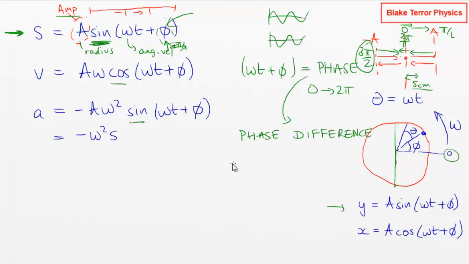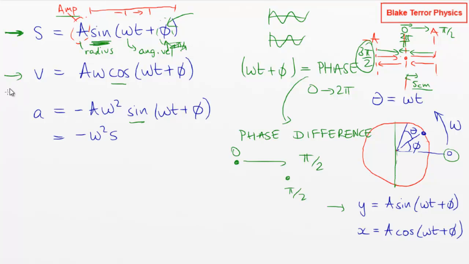So if one of them is just starting while the other one has already reached the first amplitude, we've got a phase difference of pi by 2, because this one's at phase 0 and this one's at phase of pi by 2. So all of a sudden, by thinking about circular motion, all of these terms in here all mean something. They're all directly relatable to circular motion.